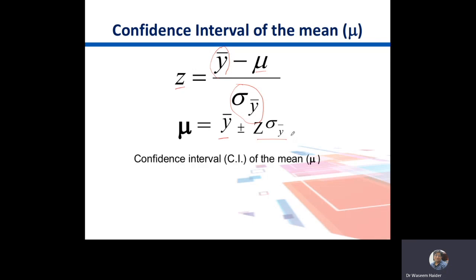And since this z is correlated with alpha, we can plug in alpha also in this equation. So the equation becomes y bar plus minus z alpha by 2 into sigma y bar.